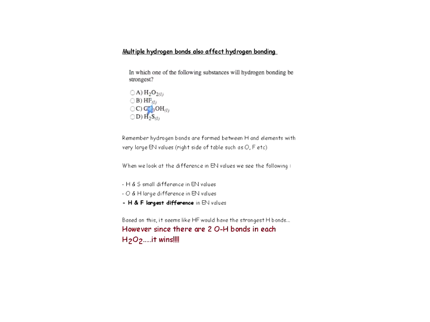So for instance, if you look at all these and try to figure out which is going to have the strongest hydrogen bond, if we looked at the difference in EN values, I don't have them written out here, but you would say the difference between H and S is small, the difference between O and H is large, and the difference between H and F is largest. Okay, so if you looked at just that, you would say that these would form the strongest hydrogen bonds.